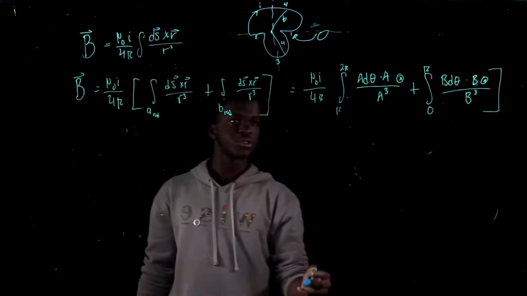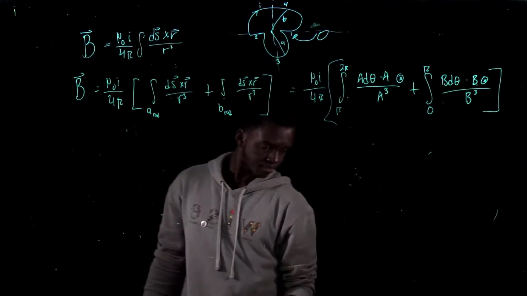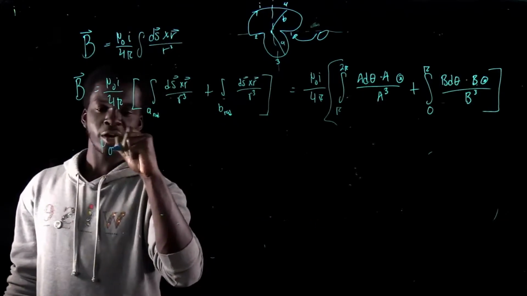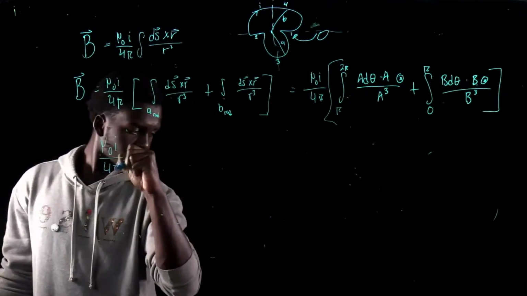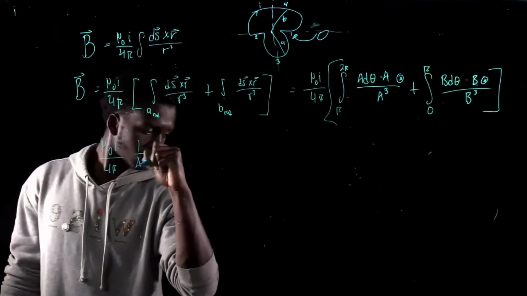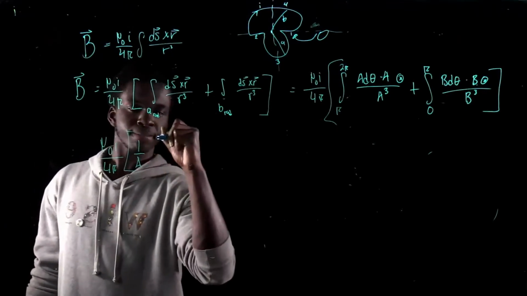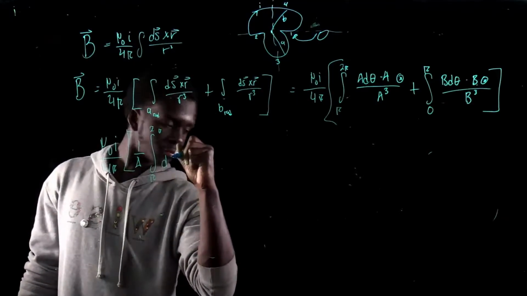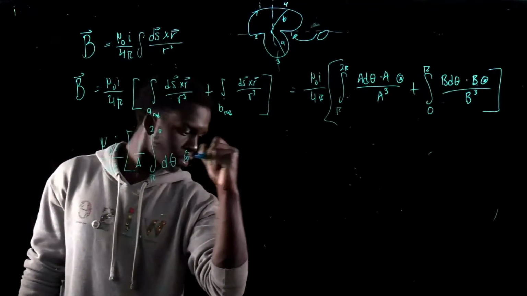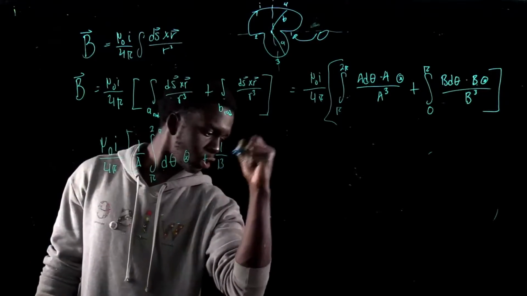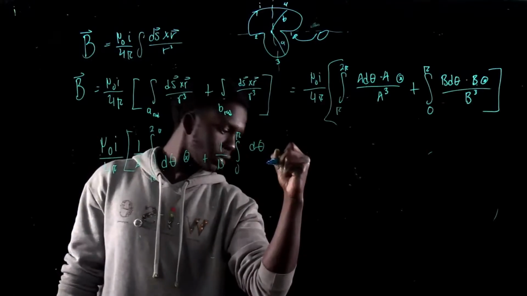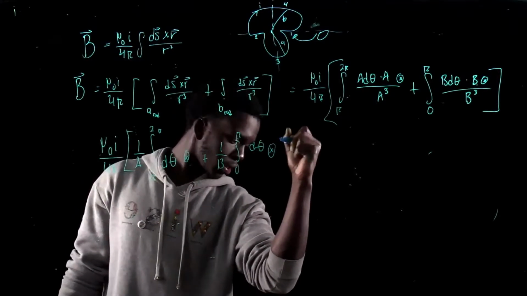Now when you simplify this, you're going to get mu naught I over 4 pi times 1 over a, and then you have the integral from pi to 2 pi of d theta into the page, plus 1 over b, the integral from 0 to pi of d theta into the page.